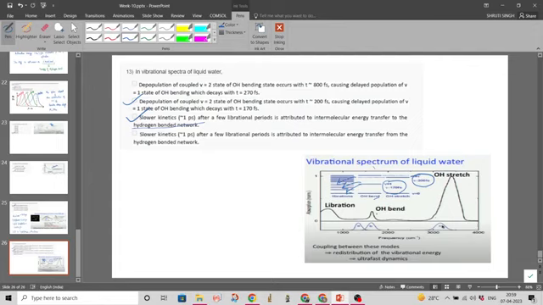The slow kinetics is all due to the coupling between all these modes, and it is due to the hydrogen bonded network, which forms a large amount of these energy levels called the libration.